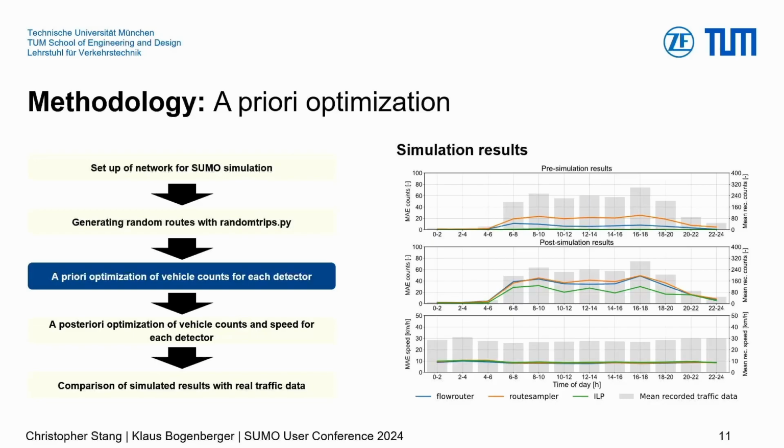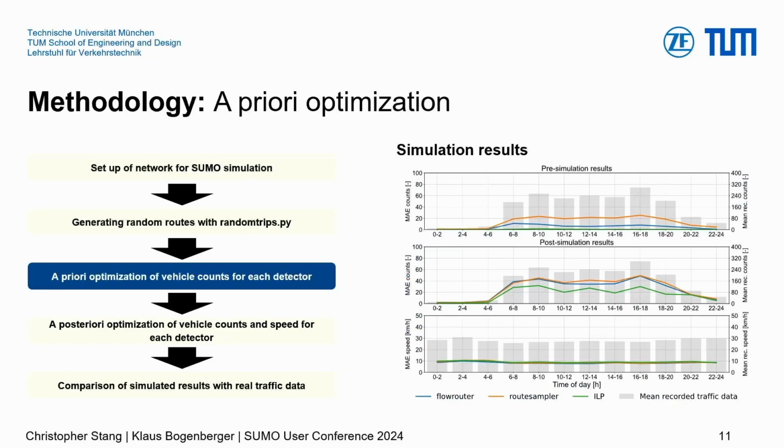It could also be possible that a route is generated in the preceding time interval but ends in the subsequent interval, so you also have a time overlap of routes. This is the reason why you also have to look at the post-simulation results, and they show bigger deviations in the mean absolute error for the vehicle counts.